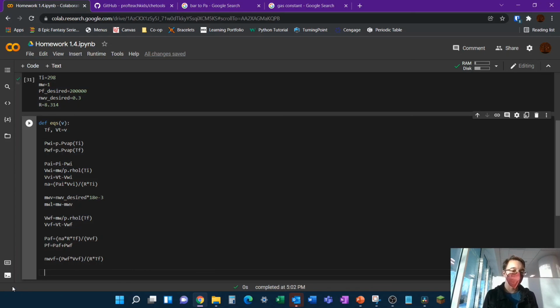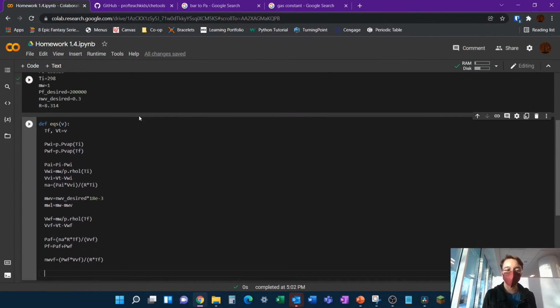One way to do this is to take the pressure final minus the pressure final that we desire. When that equals 0, it has found the solution. That's what the root function that we imported is going to do.